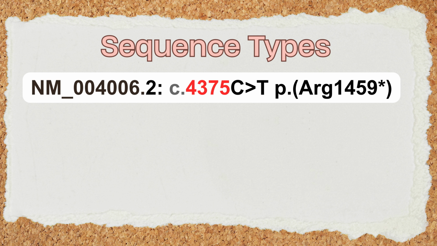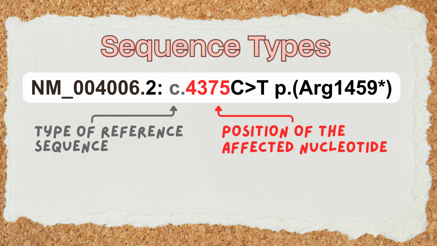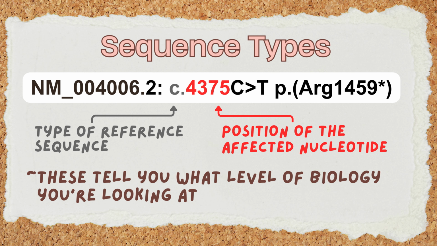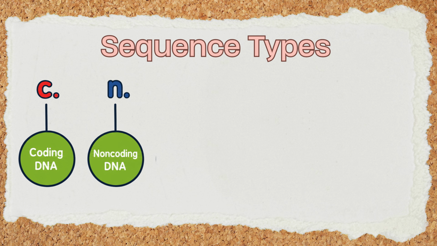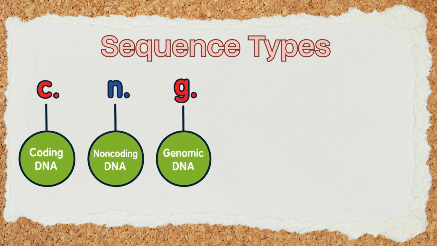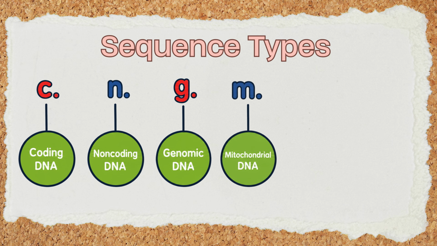An area that can often be confusing is all the letters and dots used to define the type of molecule and coordinate system used in variant description. These tell you what level of biology you're looking at. So the c. represents coding DNA, n. non-coding DNA, g. genomic DNA, m. mitochondrial DNA, r.